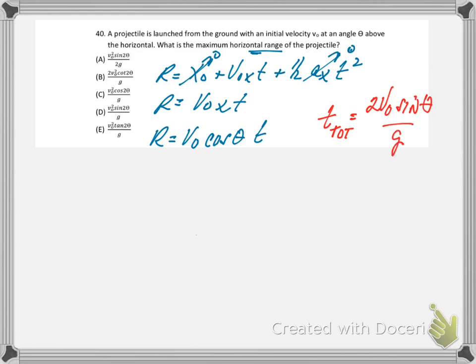So we can plug that in for our time. So R equals v naught cosine theta times our time, which is 2 v naught sine theta over g.